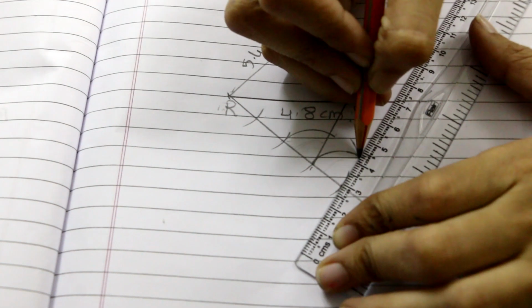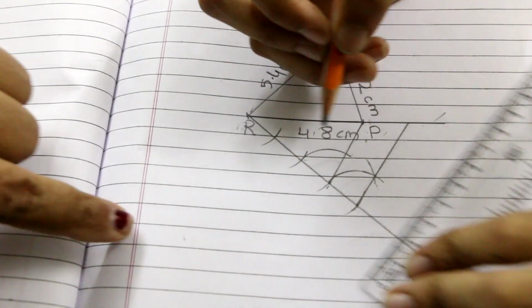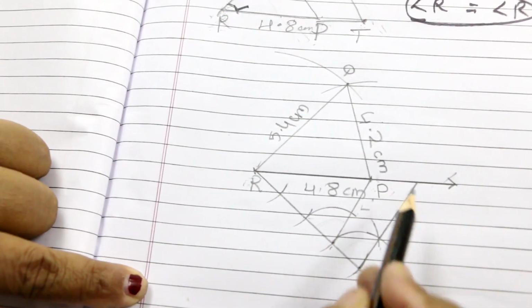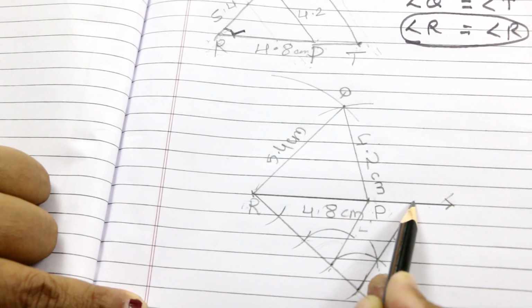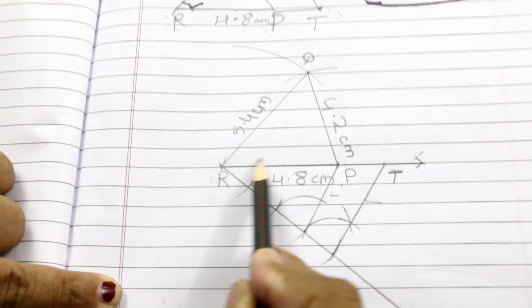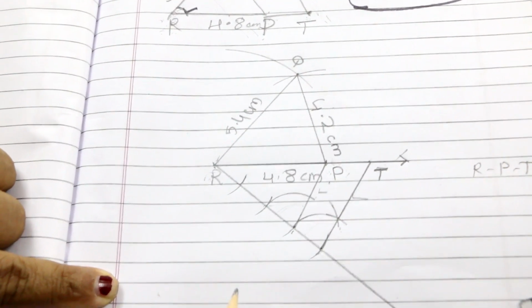This has constructed. This line is parallel to this line. So we are successfully locating the point T on line RP.